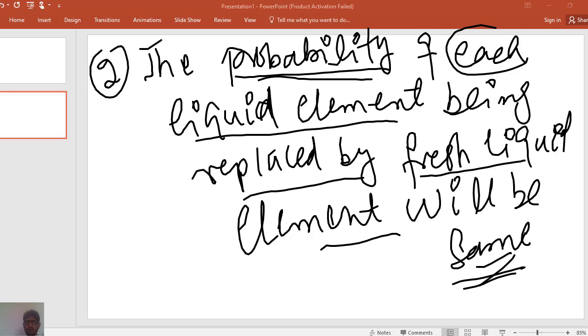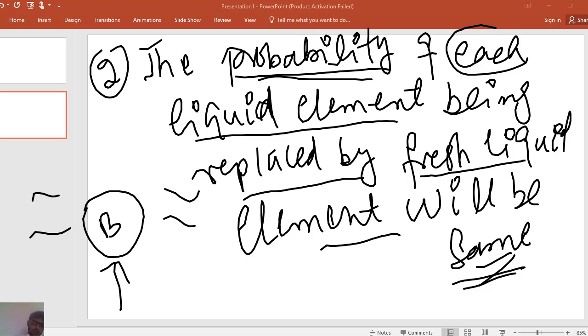Suppose this is the bubble, rising in the liquid, and this is the liquid element sliding on the surface. It will detach from the surface at last. So the probability of each liquid element being replaced by a fresh liquid element will be the same.